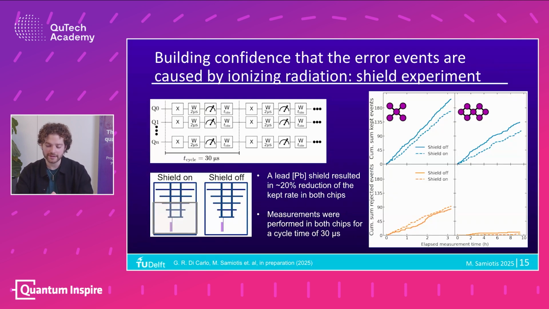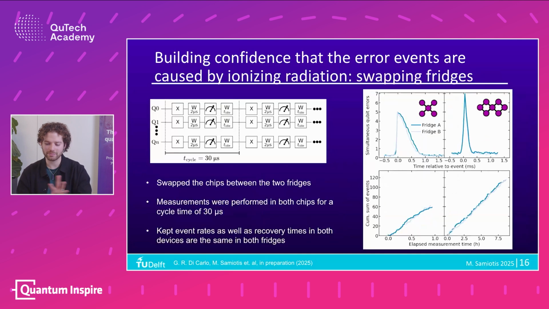And we saw that the events that we were measuring were reduced by an amount of 20% in both cases. Also we swapped the chips between the two fridges, and we saw that the recovery times, as well as the rate of events that we were seeing, were kept constant.